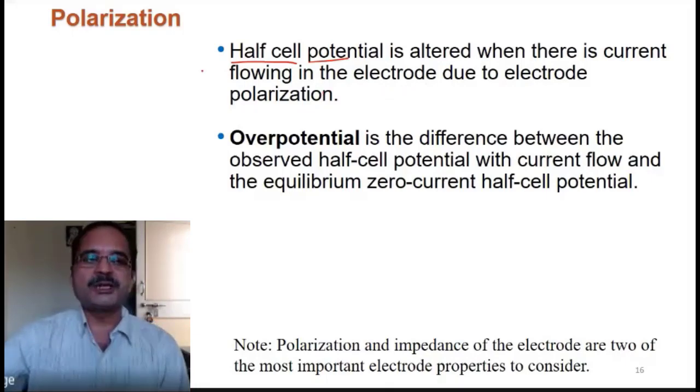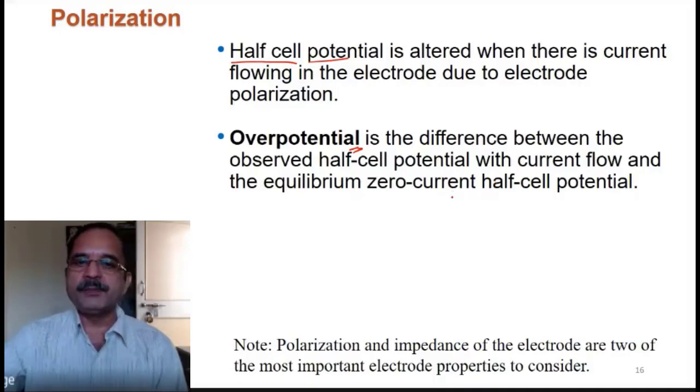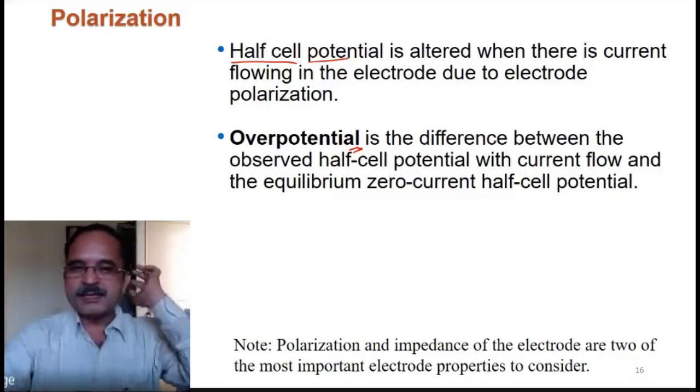Because of polarization, the half cell potential gets affected, and it is called the over potential. It is the difference between the observed half cell potential with current flow and the equilibrium zero current half cell potential.